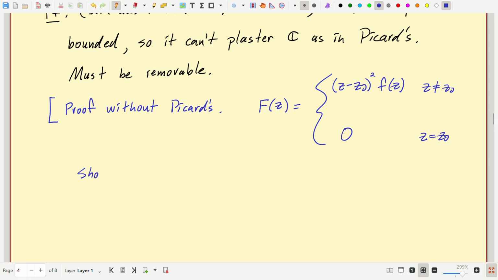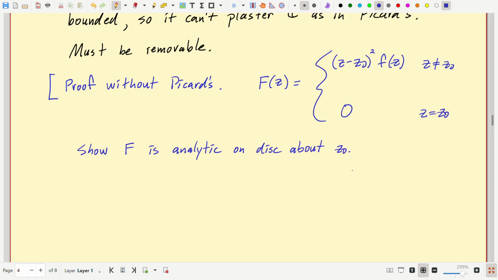Show capital F is analytic on a disk about z naught. And then use power series to see that F of z has a zero of order 2.